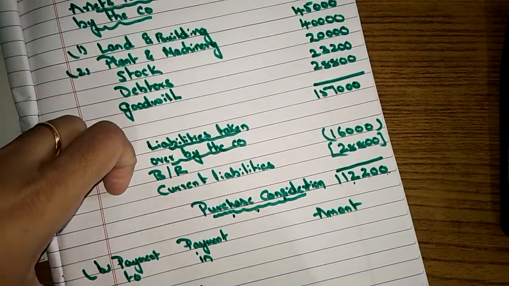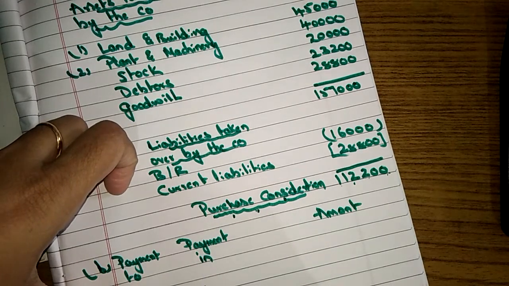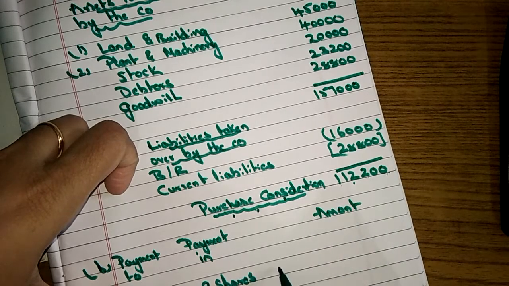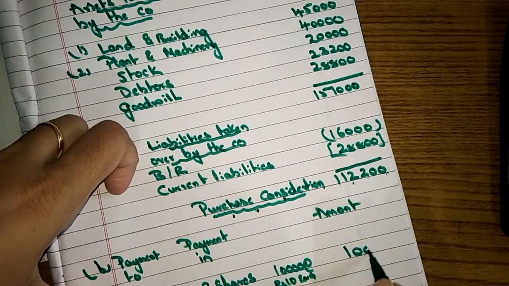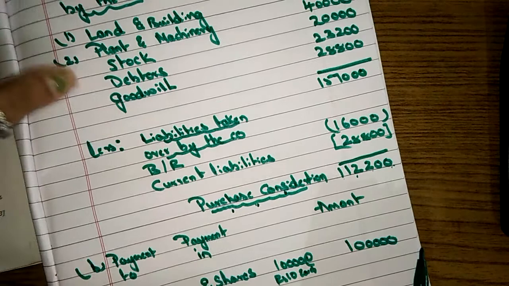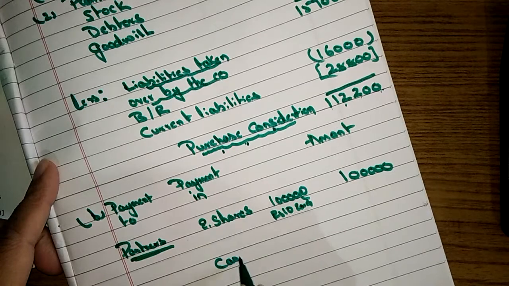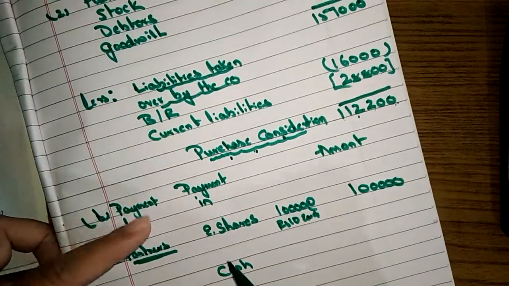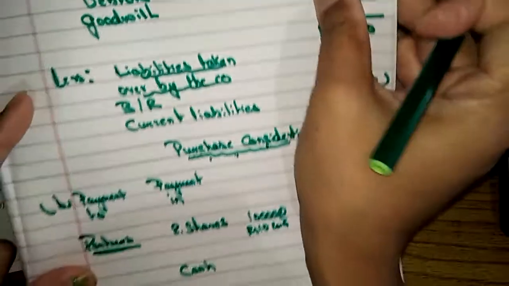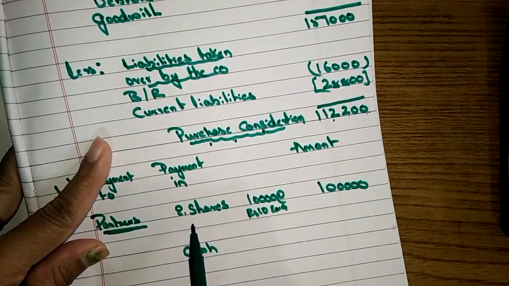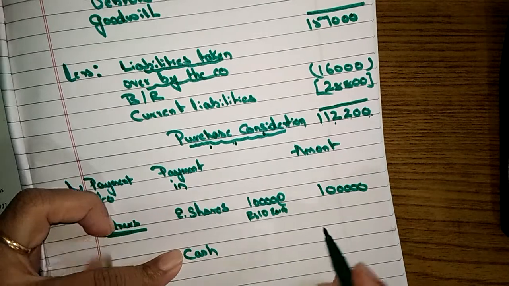So here it says payment should be made in shares. Which shares? Equity shares. How much? 10,000 at 10 each. So it comes to 1 lakh. And according to the question, the purchase consideration has to be discharged in equity shares as well as in cash.